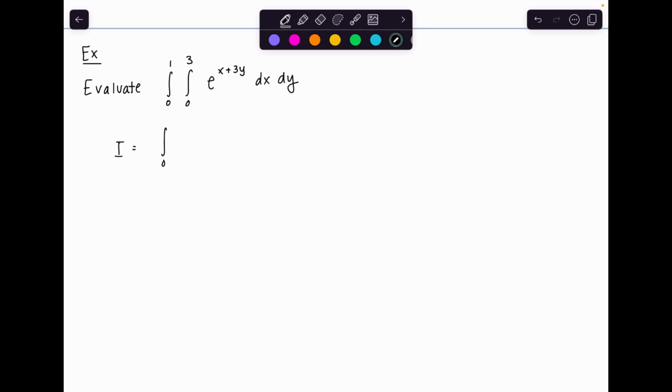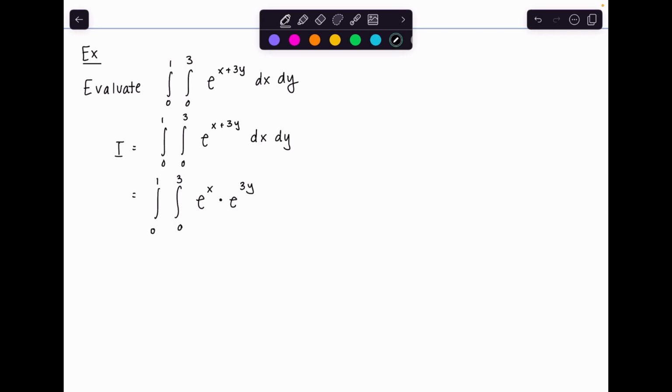So the inside, we can break down. Because we know if we have the same base, we add exponents, we can break it down in the same way.